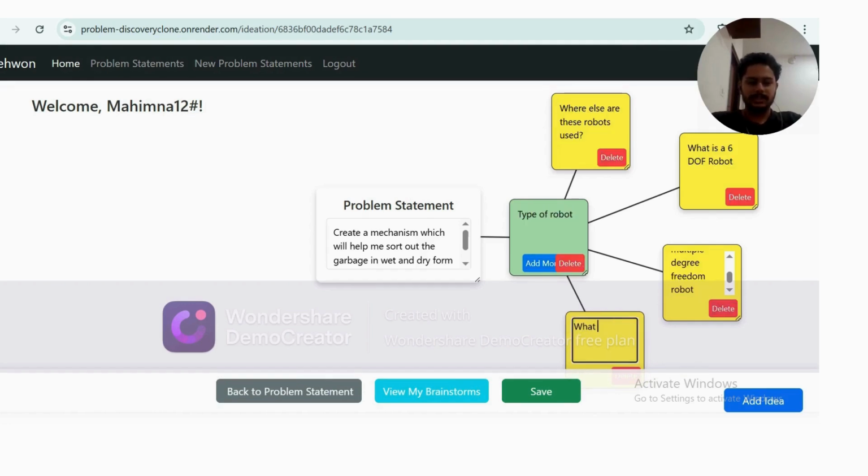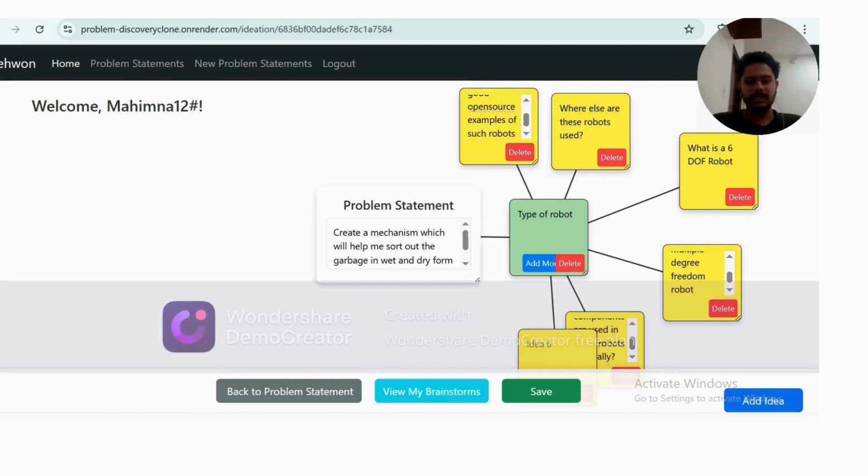What components are used in these robots in general? And what could be good examples? What are good open source examples of such robots? And one question I have more is, are they ever used for the purpose of segregation?